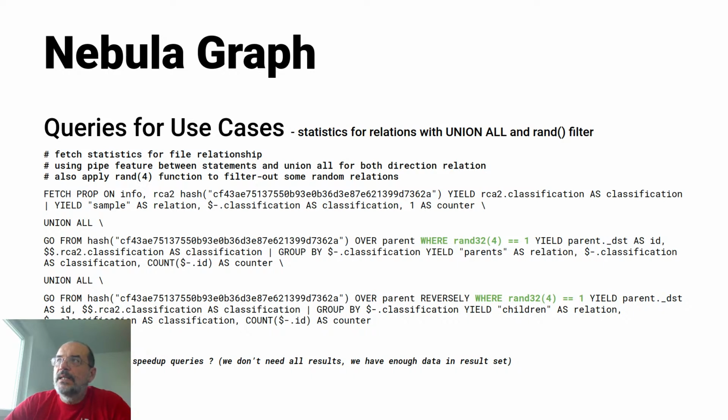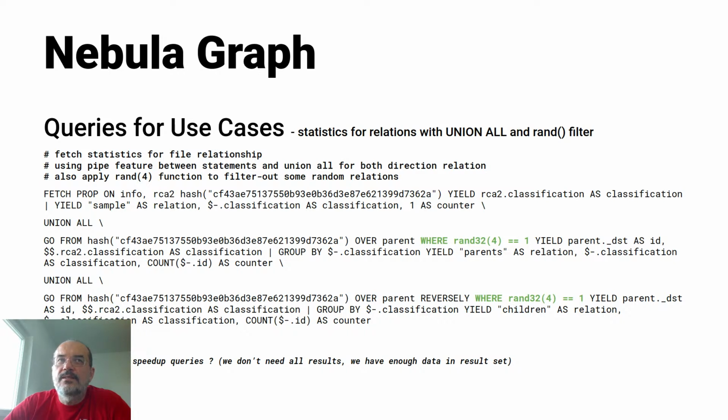Yeah, you can do some tricks, of course. Statistics for relations with union all and random filter. What does that mean? We maybe don't need all these hundreds of thousands of relations.